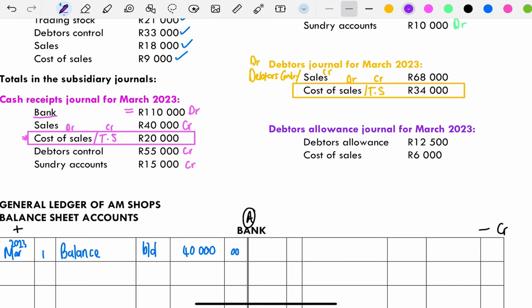Okay, next is the DAJ, the Debtors Allowances Journal. Again, note that there's a cost of sales column. Now this cost of sales column this time shows us that the debtor has returned.